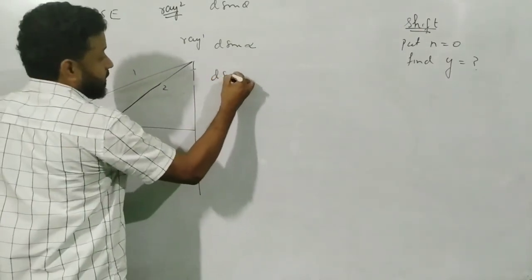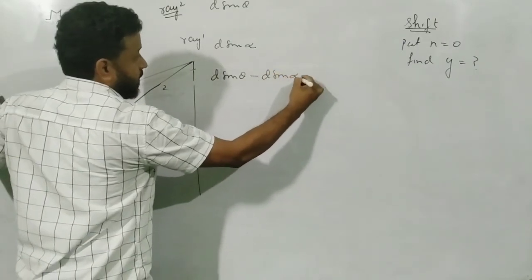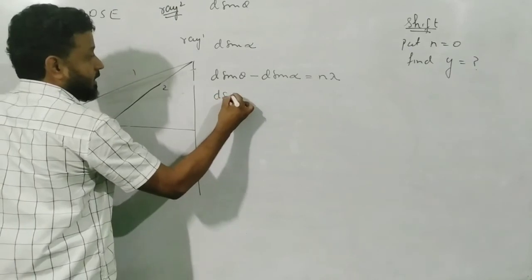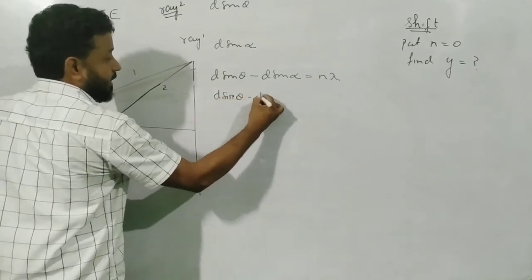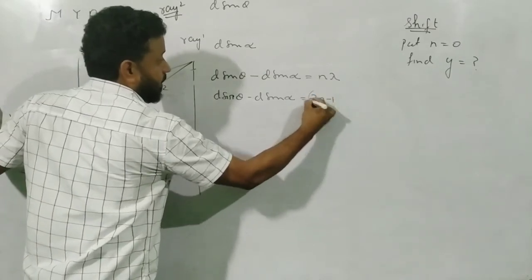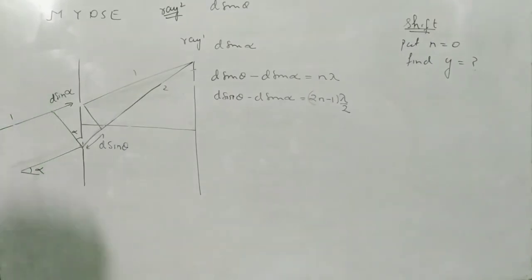Assuming that d sin theta is more, you can always assume that, d sin theta minus d sin alpha must be equal to n lambda for maxima, and equal to 2n minus 1 lambda by 2 for minima. And then the conditions follow.